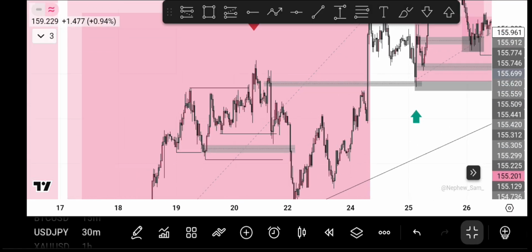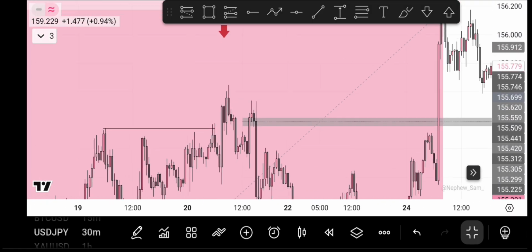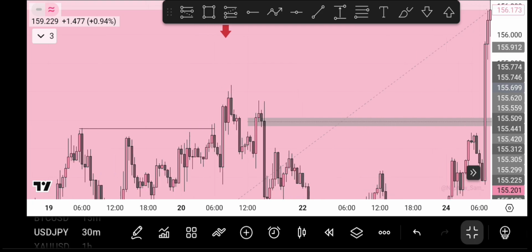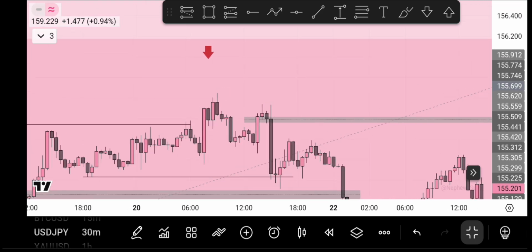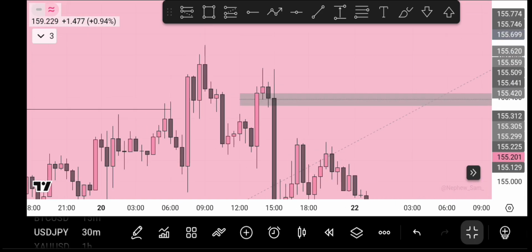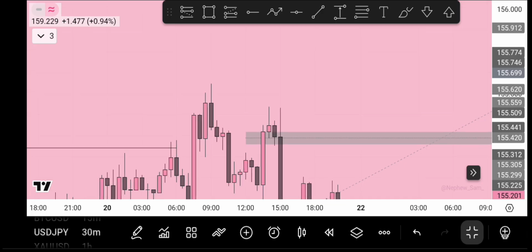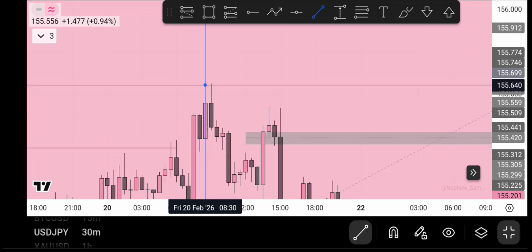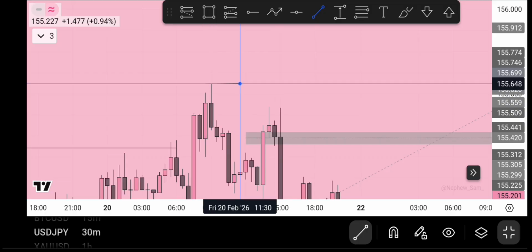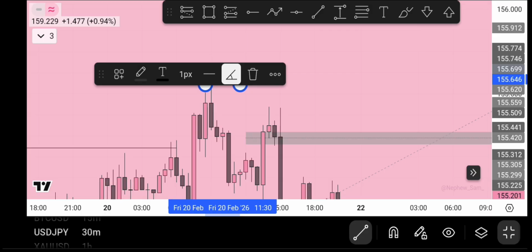Now, if we observe this higher high right here on the bullish trend, you can see it had a bearish candle which created a high right here. This was the bearish candle that created a higher high over here.